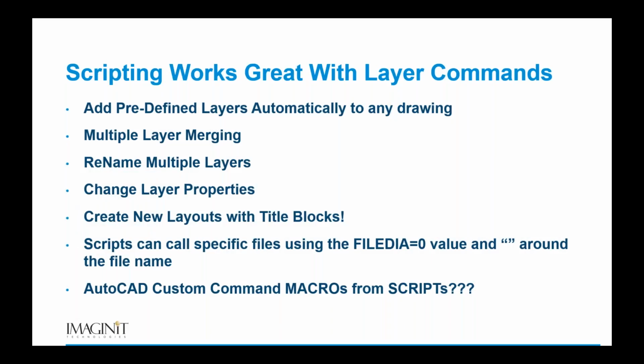When we're working with this, I'm going to use layer commands as the example, because layer commands are really where you end up having to enter a whole lot of text. In this particular case, if you've got tons and tons of layers, having a way to just instantly paste it in and autofill is a really, really big advantage.